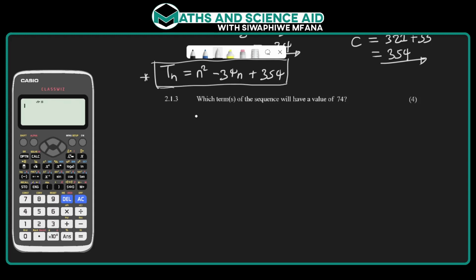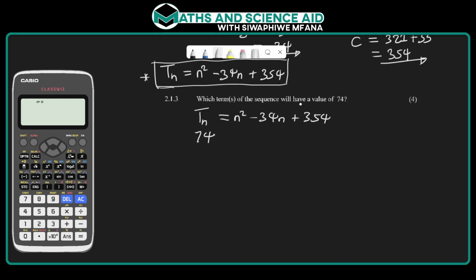And as shown there, our general formula is Tn is equal to n squared minus 34n plus 354. And so in order for us to answer this question, we can just substitute in 74 in place of Tn, because Tn here in the general formula is the value for any nth term in the sequence.